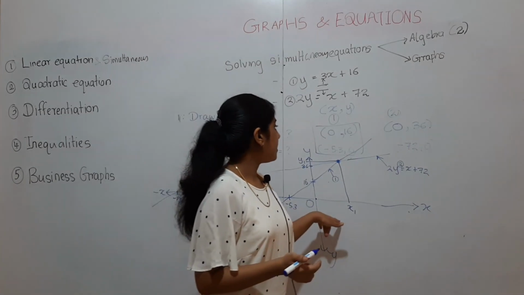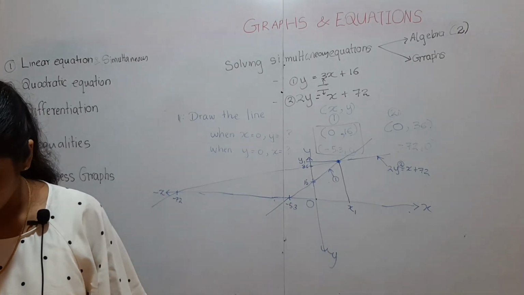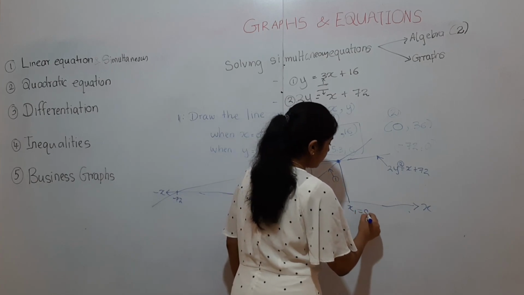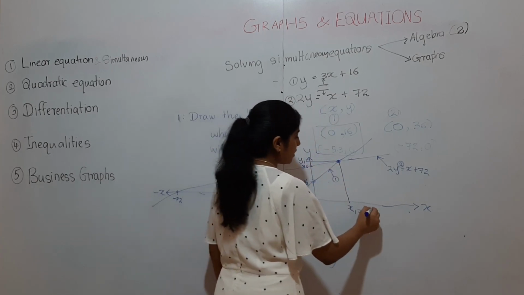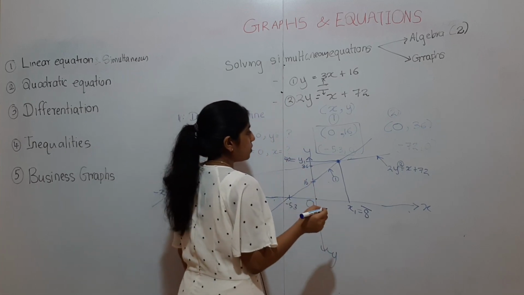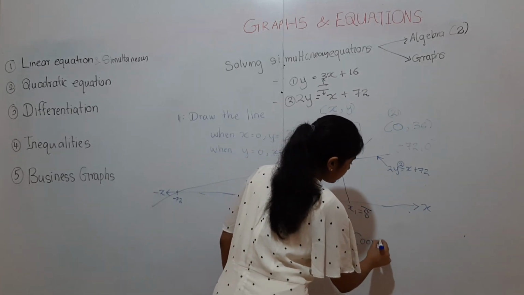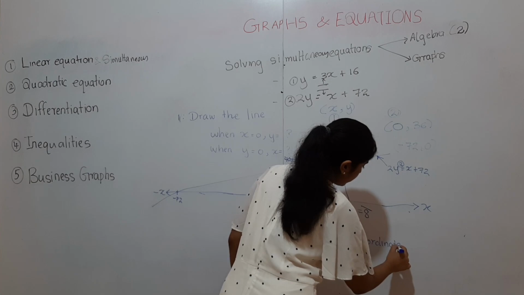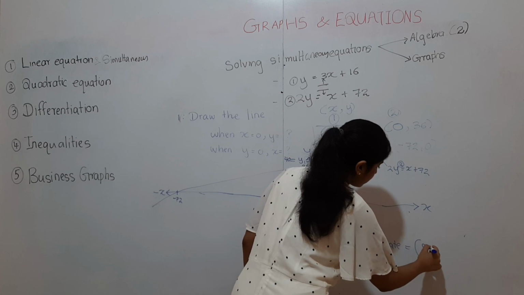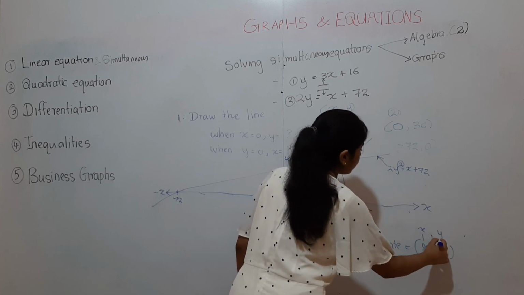Now, yeah. So now here, accordingly, x should be 8. If you did it in the graph paper, you should get the value x equal 8 and y equals 40. So the coordinate that satisfies both equations 1 and 2 is 8 and 40, because 8 is x and 40 is y.